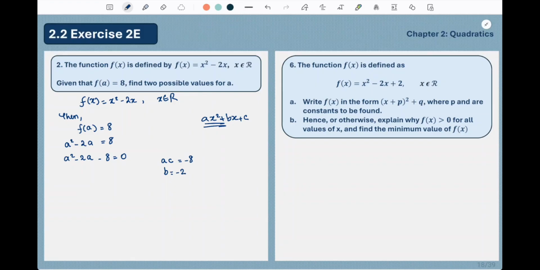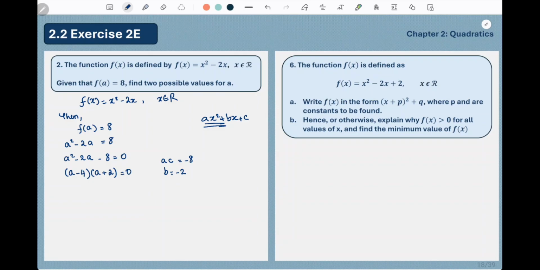So minus 4 times 2 gives you minus 8, minus 4 plus 2 gives you minus 2. So we said (a minus 4)(a plus 2) equals 0.